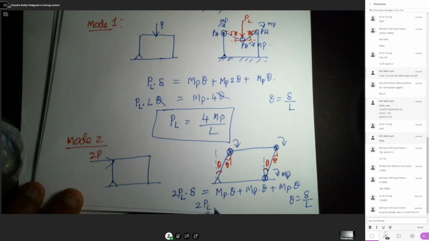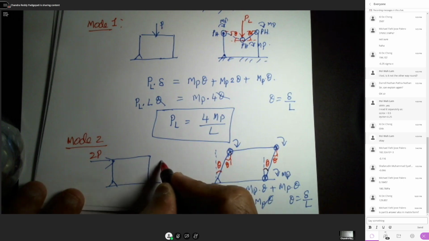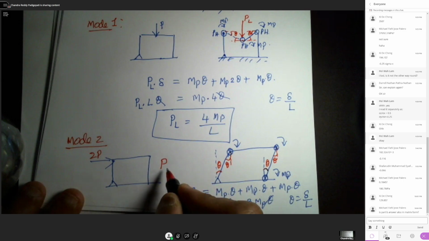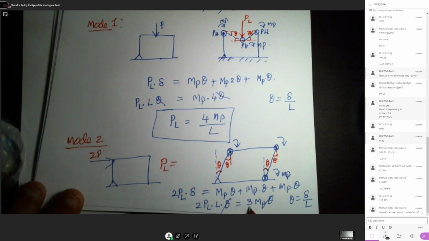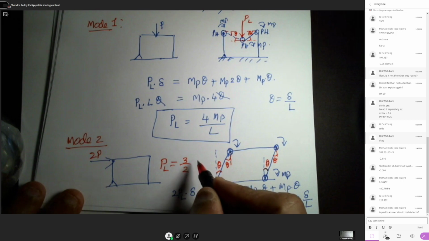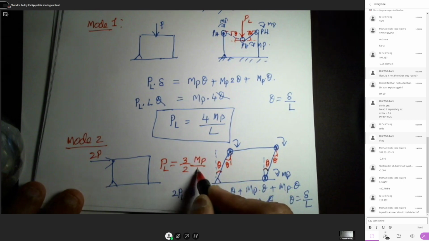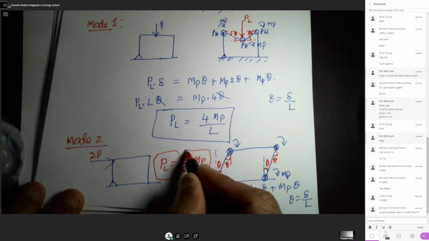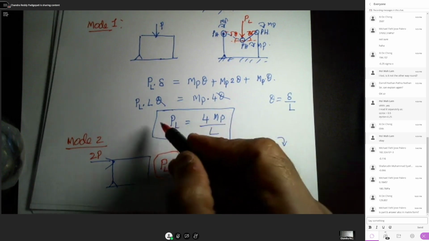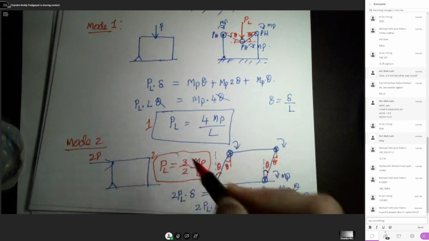We can write 2PL into L into theta is equal to 3MP into theta, so we can cancel theta. Taking the 2 to the other side, PL can be written as 3 by 2 MP over L. So this is for mode 2. This one is for mode 1, and this is for mode 2.